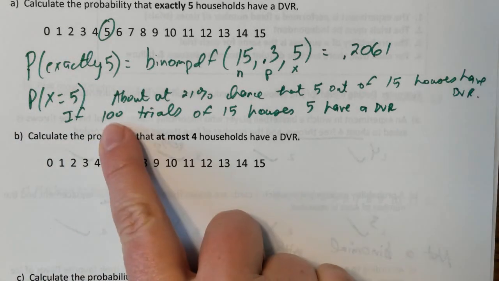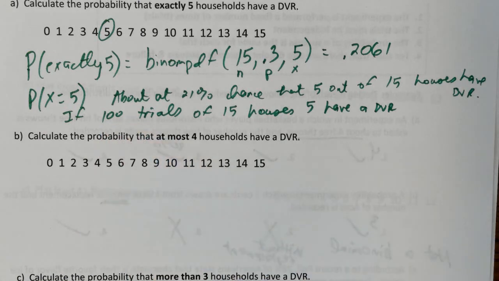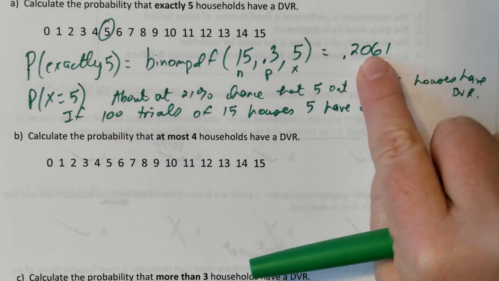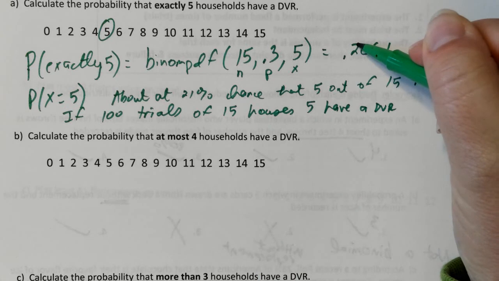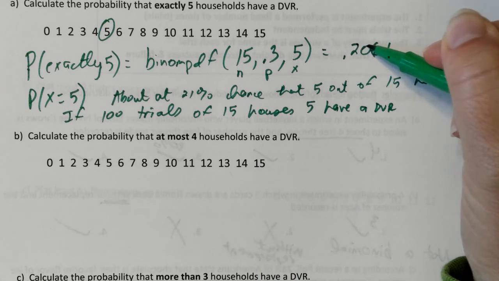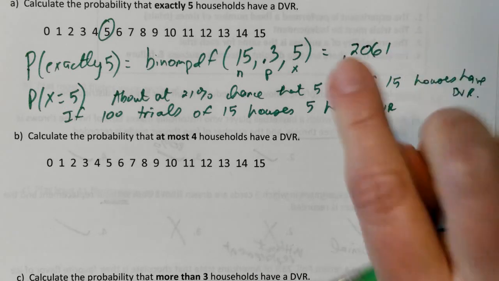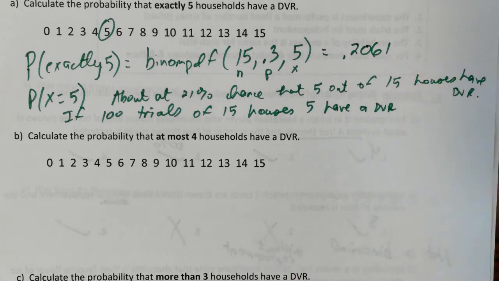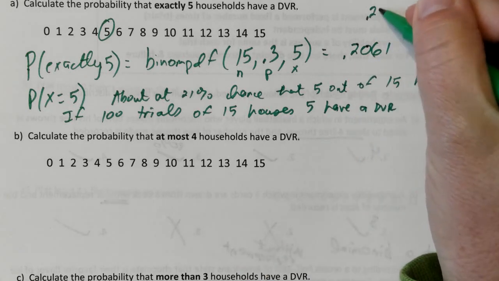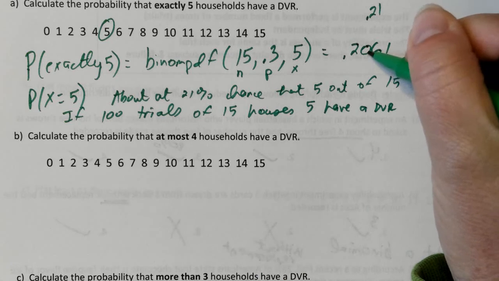Well, since we did 100 trials, we're going to go to the hundredths place. In this probability right here, the 2 is in the tenths place, and the 0 is in the hundredths place. So if I round this to the nearest hundredth, it would be 0.21. Remember that 6 would send the 0 up to 1.